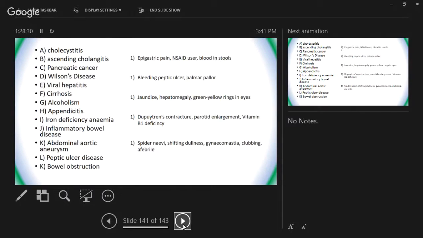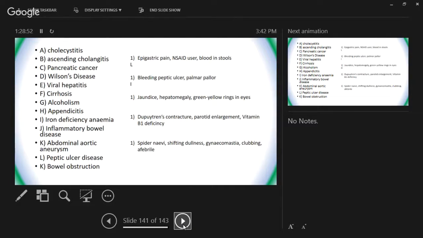Any questions related to that, stools? Shout it out. Peptic ulcer, good. Bleeding peptic ulcer with palmar pallor. So if they're losing a lot of blood, pale palms, anemia, good.